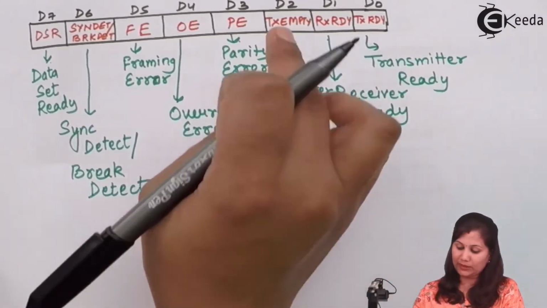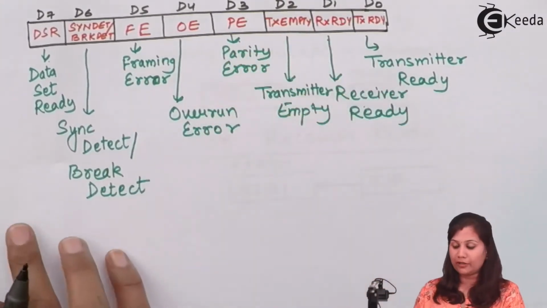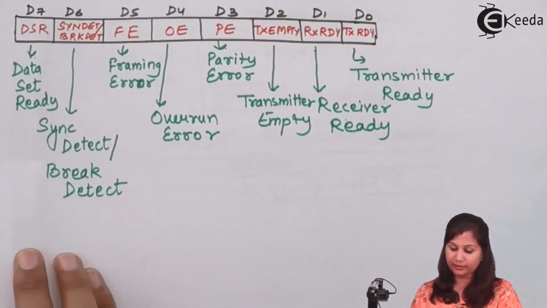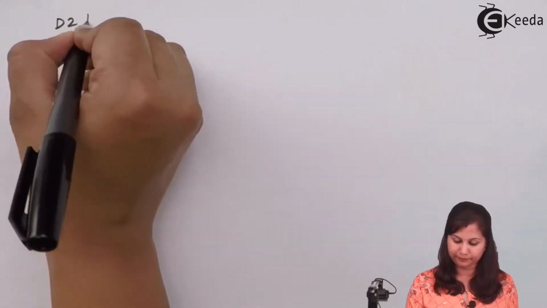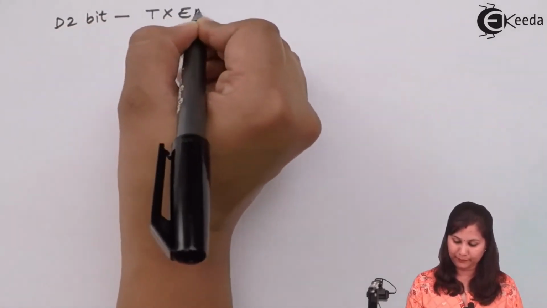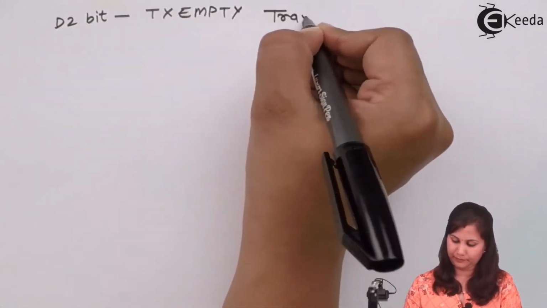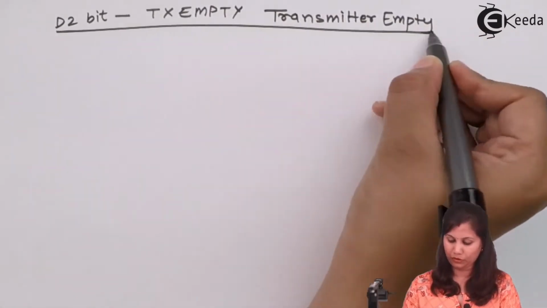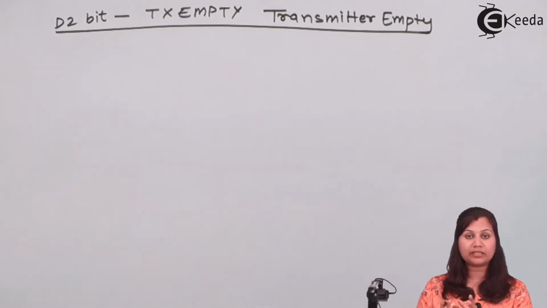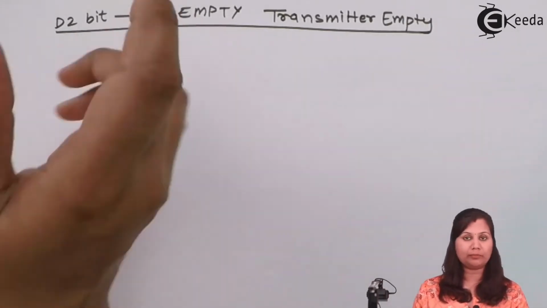Next we have transmitter empty, the transmitter empty pin in the 8251. When the transmitter section of 8251 is empty, then this pin will be set.